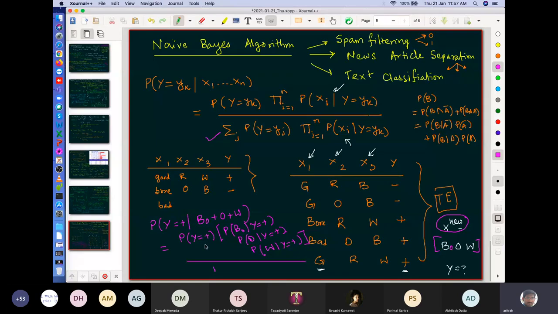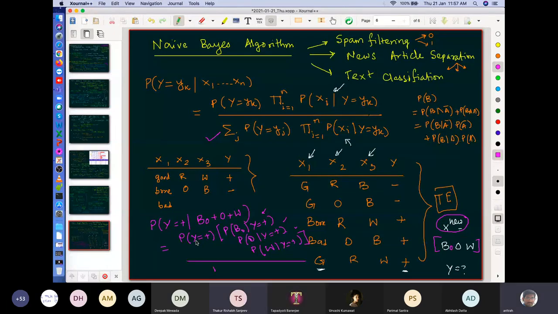Just do the sum for all: probability of Y equal to plus into this, plus all possible combinations. You know each of the ingredients now, because you have done that through estimation learning. You fill up here and get a value of Y. If the probability of Y equal to plus is more than half, you classify this point as plus, otherwise not. Clear?